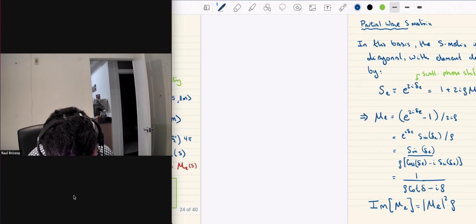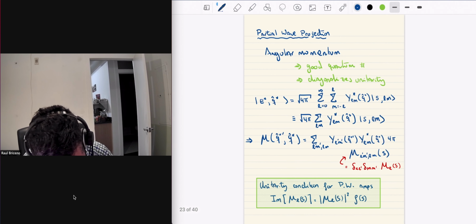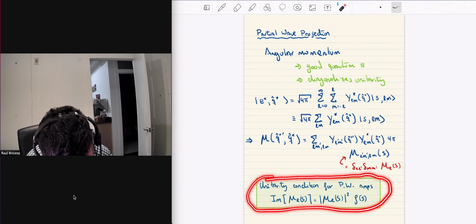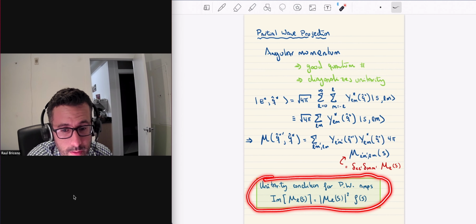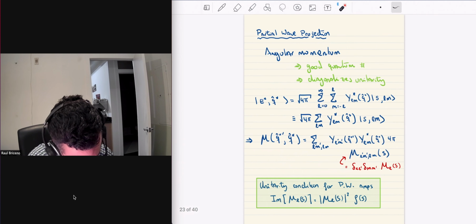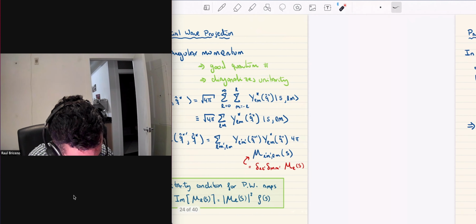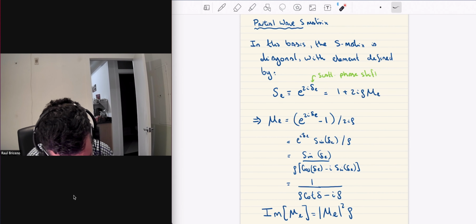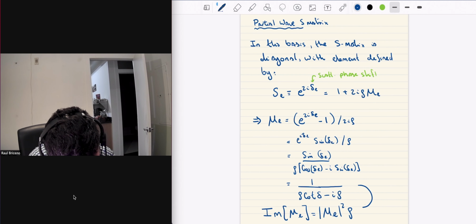That's exactly what we just said was the unitarity condition for the scattering amplitude. Okay, so before we hadn't said anything about the scattering phase shift. Now we're rewriting the scattering amplitude in terms of the scattering phase shift. So why don't you go ahead and check that.